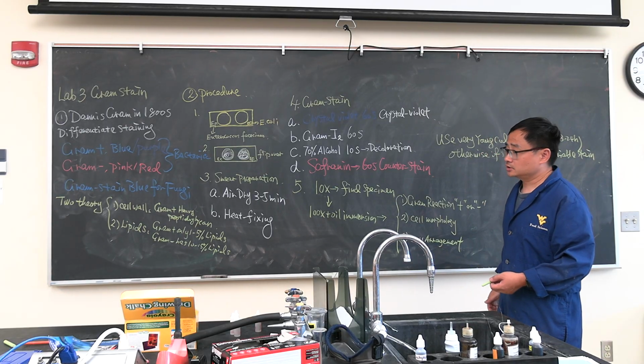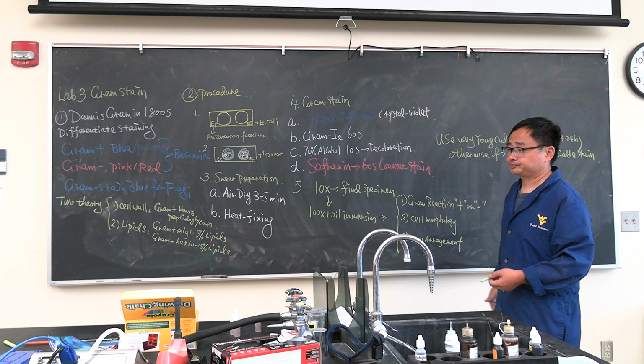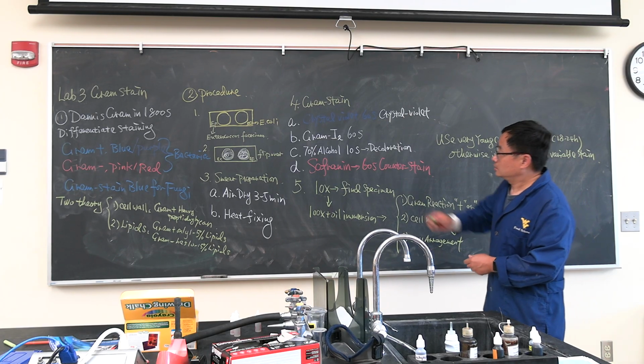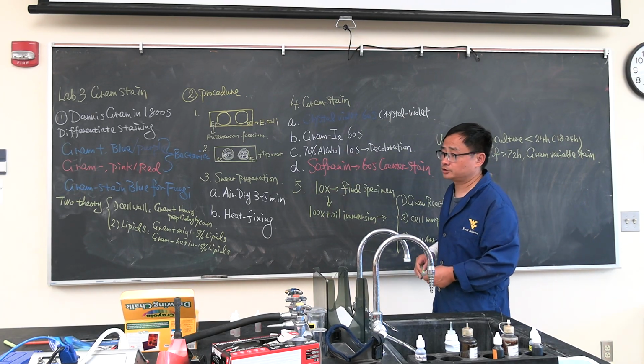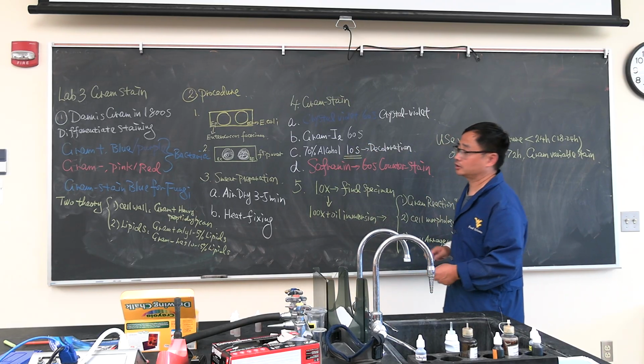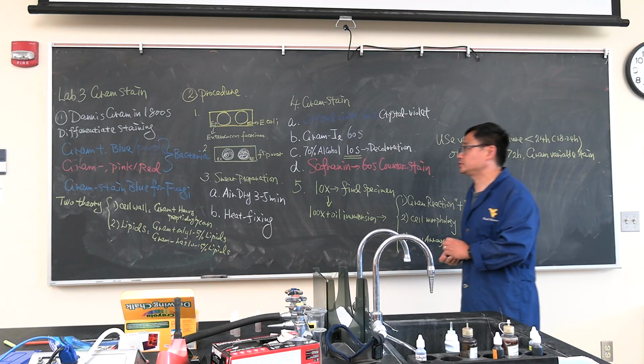And I said in the lecture already, the time is not important. 60 seconds, you can do 45 seconds, you can do 1 minute 30 seconds, that's fine. But the procedure is important, you can't mess it up. Also, the decoloration of 10 seconds is important. So that's pretty much the procedure.